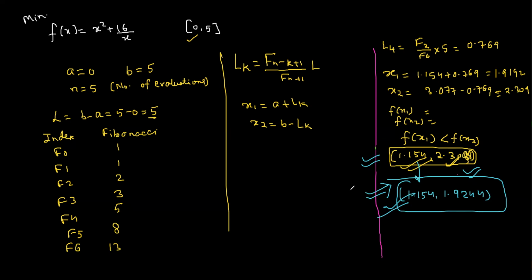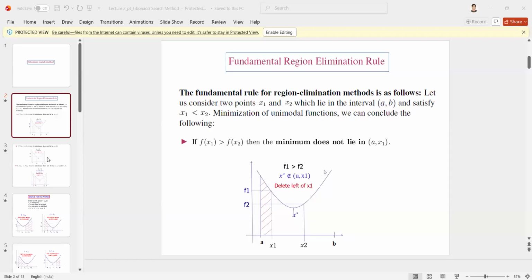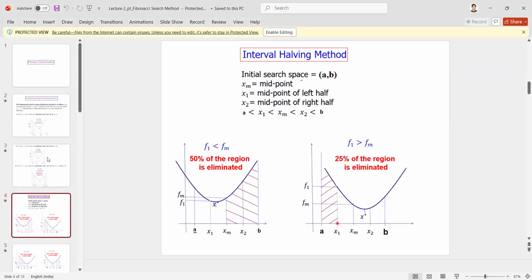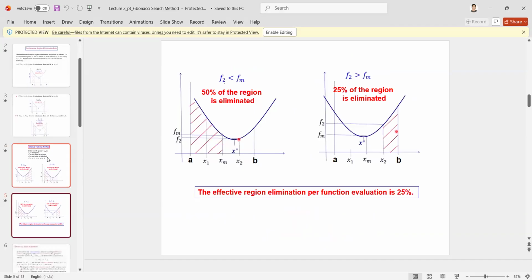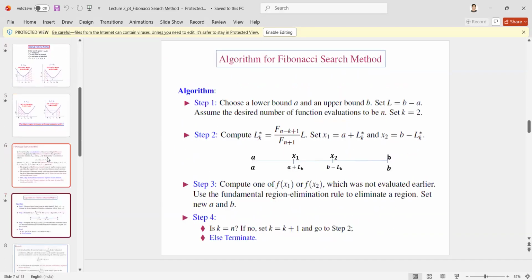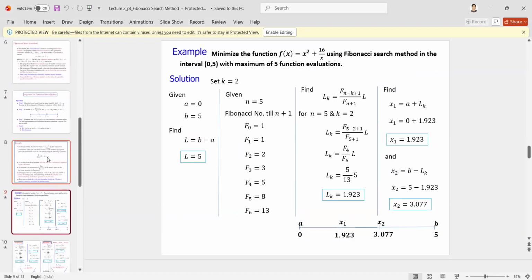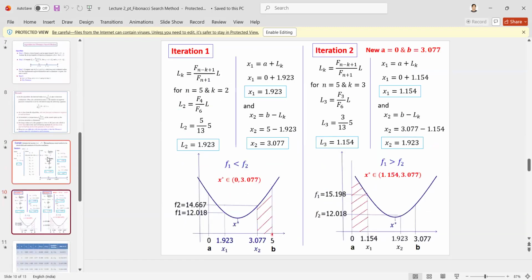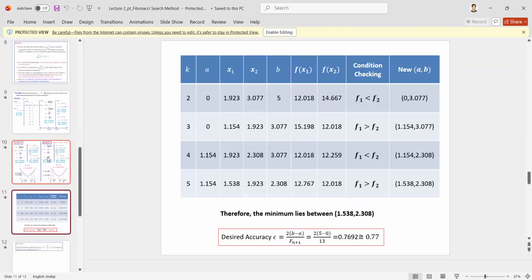Understood? Can you try one more question? Yes. This I told you already, right? Same question we did. See, in the fifth iteration, the first iteration was correct. Second iteration, third iteration.